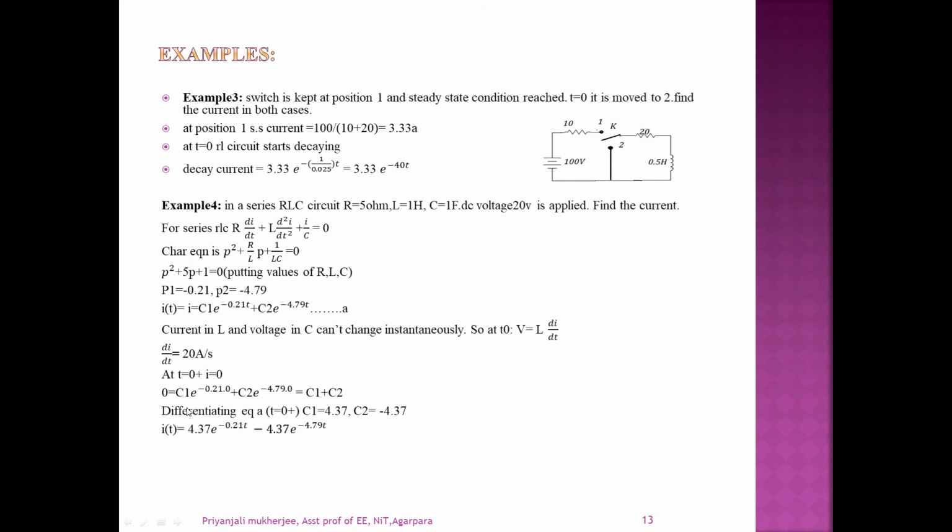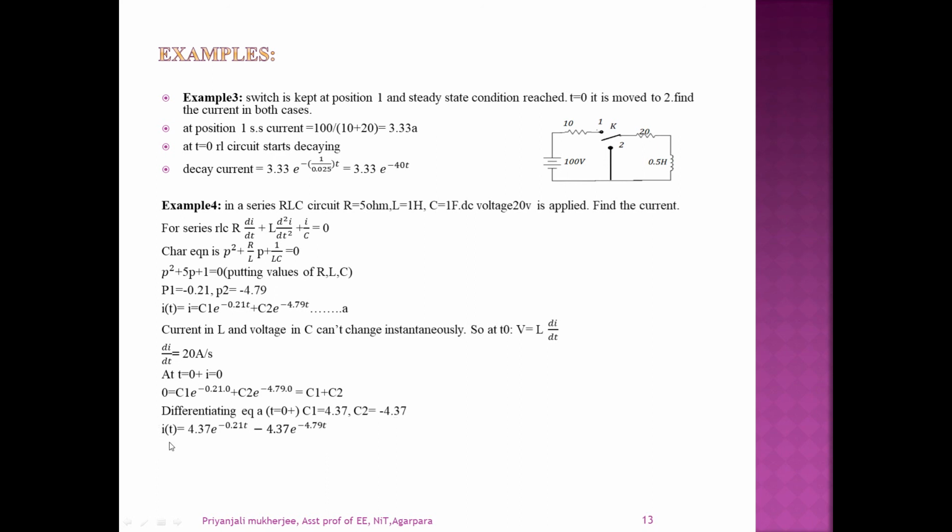So comparing this, C1 e to the power minus 0.21 into 0, that means as t is equal to 0, e to the power 0 becomes 1. So it is actually equal to C1 plus C2. Differentiating this equation at t equal to 0 plus, we get C1 equal to 4.37 and C2 equal to minus 4.37, because C1 plus C2 becomes 0.